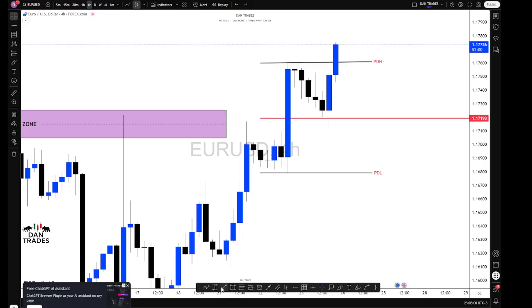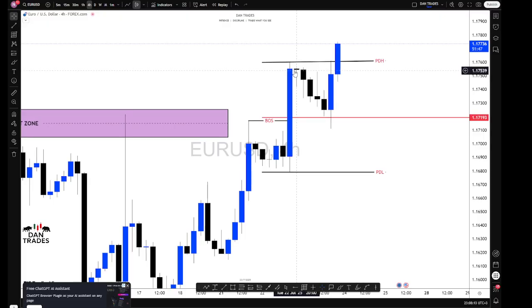So after having that breakout structure, we have this institutional candle, right? We're having this beautiful engulfing candle which engulfed this area. And also you can see that we might have something like a consolidation at around that area, market consolidating at around that area, right?